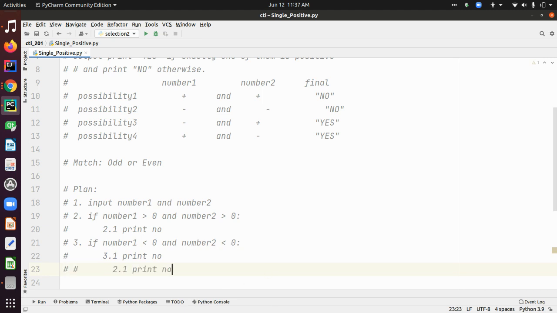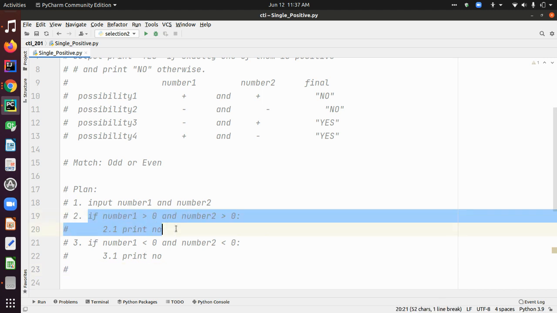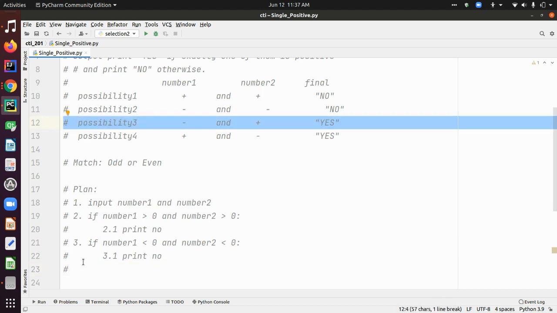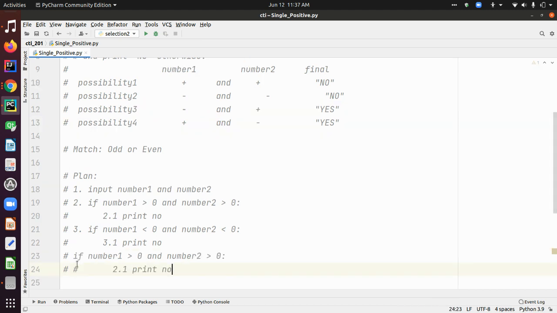All right. So checking on the third line of the table, step 4. Number 1 is negative now, so less than 0, and this is positive. In this case, we have to print yes. So it's actually 4.1.